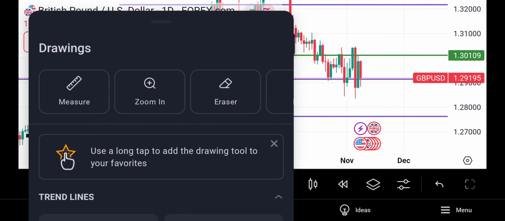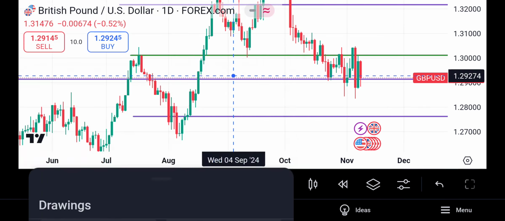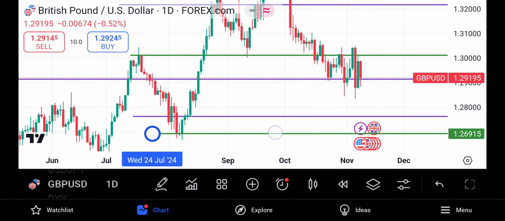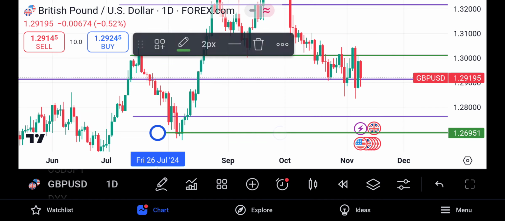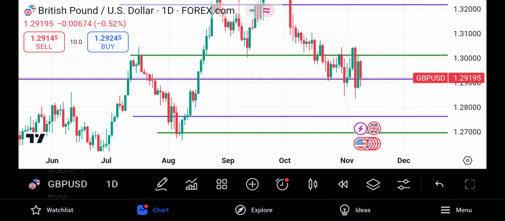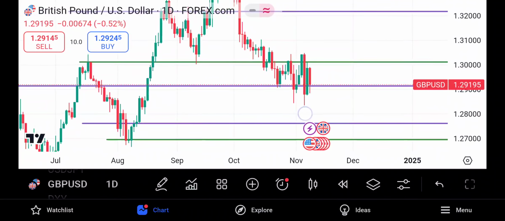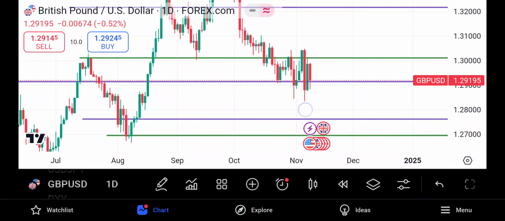Next one, another level to watch out for, right over here on the daily. So these are the two levels I'll be working with on the daily, and then I'm going to give you my take on this market.